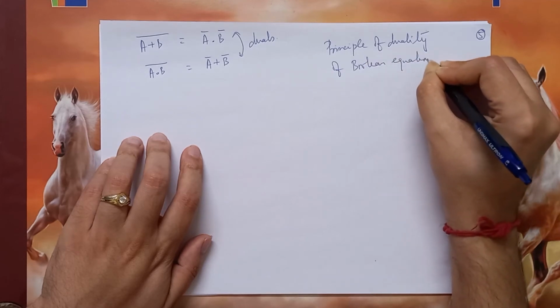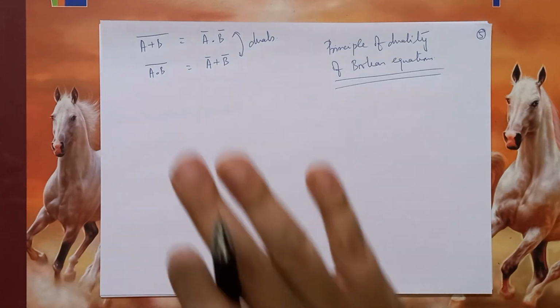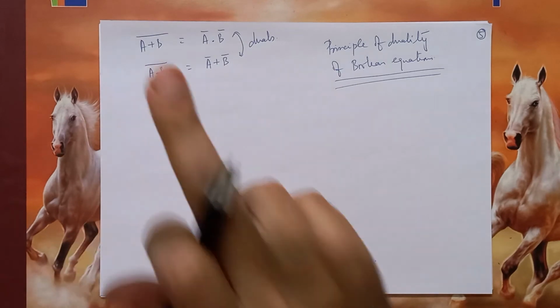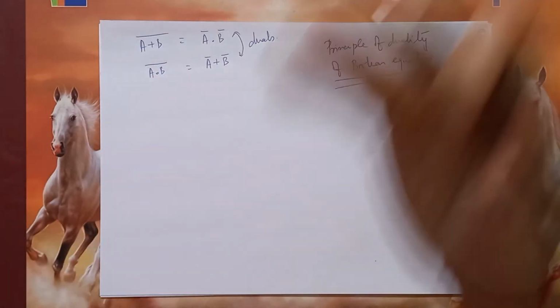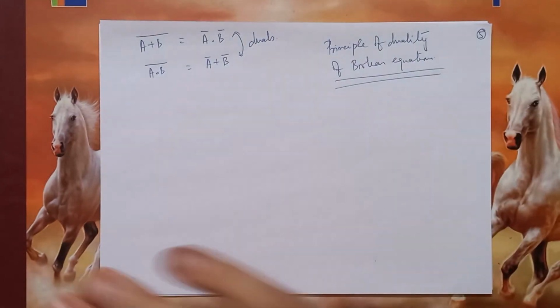So if you have a Boolean equation, just to repeat, you replace all the plus signs with a dot sign and the dot signs with a plus sign on both sides. And on both sides, you replace the ones with zeros and the zeros with ones.